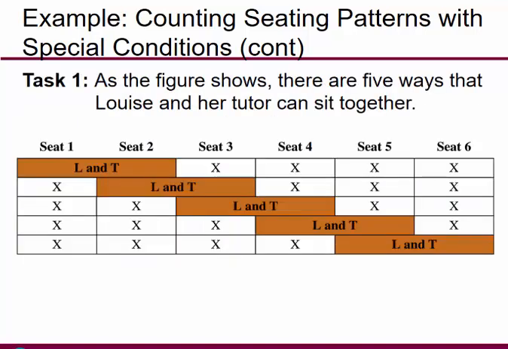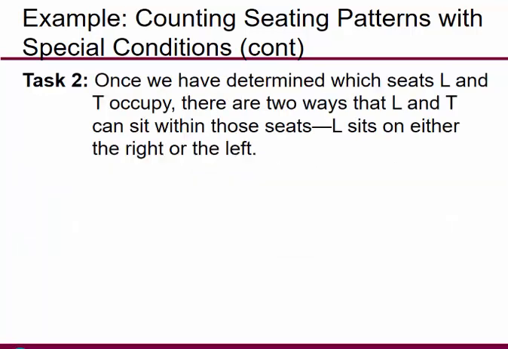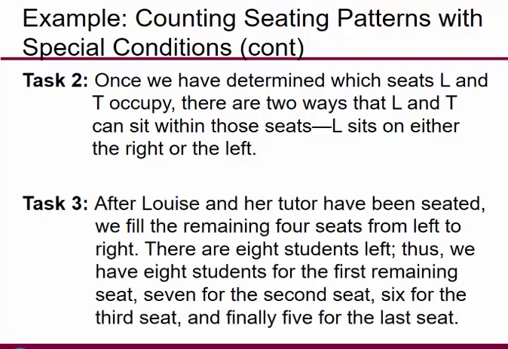remaining seats. As the figure shows, there are 5 ways that Louise and the tutor can sit together. Now, once we have determined which seats L and T occupy, there are 2 ways that L and T can sit within those 2 seats: L sits on either the right or the left. After Louise and the tutor have been seated, we'll fill the remaining 4 seats from left to right.